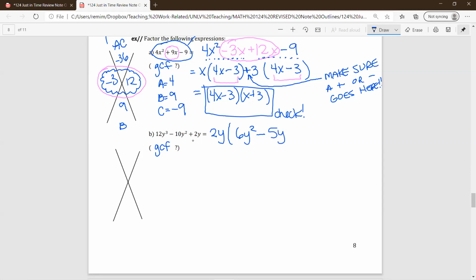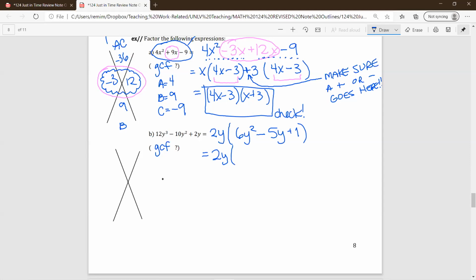And then over here, what happens if we divide a positive 2y by 2y? We know that anything divided by itself is 1, so I'm going to put a plus 1. And now that 2y is just going to hang out in front the entire rest of the problem. We're not going to worry about it anymore.